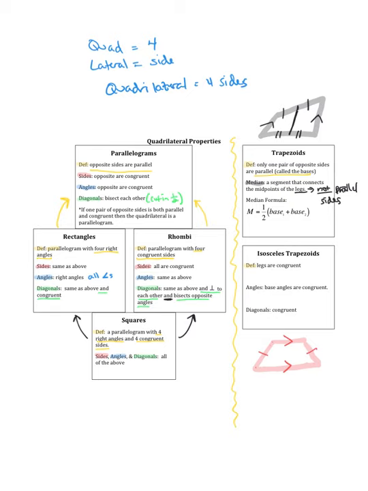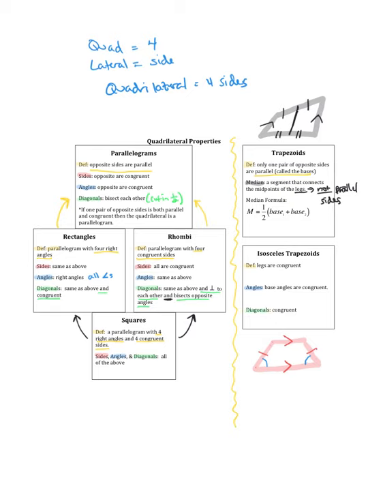In the angles, where am I? Angles are blue. Base angles are congruent, which means these 2 angles are congruent. And then diagonals are congruent.